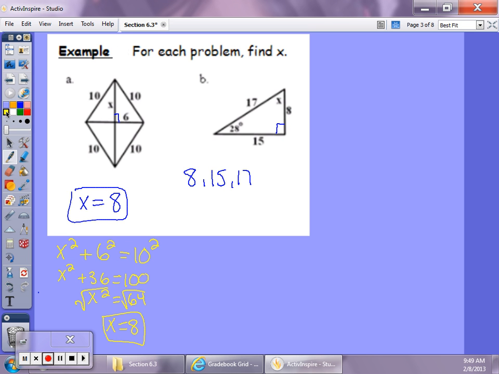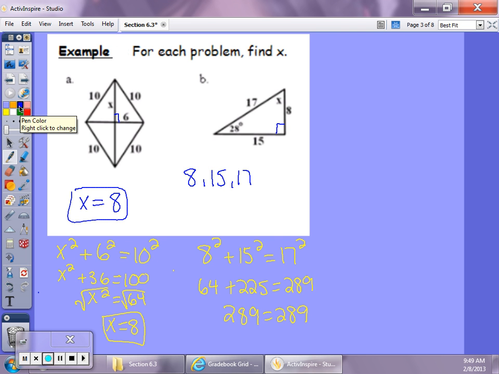Again, if you did not remember that, you can prove that it's a right triangle by using your Pythagorean theorem. So 8 squared plus 15 squared should equal 17 squared if this is indeed a right triangle. So 64 plus 225 is equal to 289. So here we can see that 289 does equal 289, therefore we know this is a right triangle.